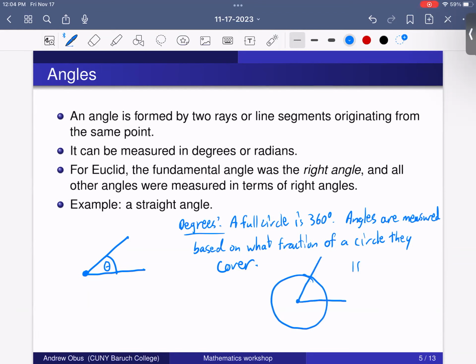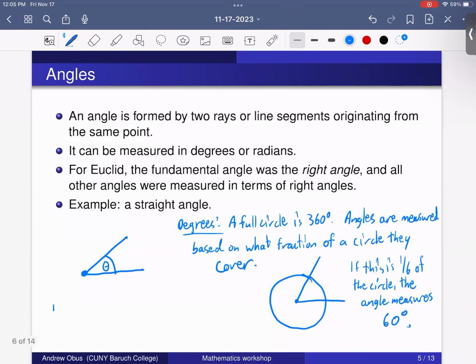And so if this is 1/6 of the circle, the angle measures 60 degrees. Okay, because if a full circle is 360 degrees, this is just by definition. Then for 1/6 of a circle, we would have 1/6 of 360 degrees, and that's that. Okay, so this is how degrees work.